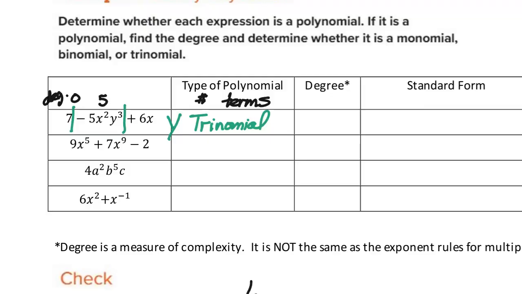What's the degree of the last term? 1. We have to pick the largest, so it is a 5th degree, but what's the fancy name for the 5th degree? Quintic. You guys should remember that. Quintic, because you've got our good friend Quintez.